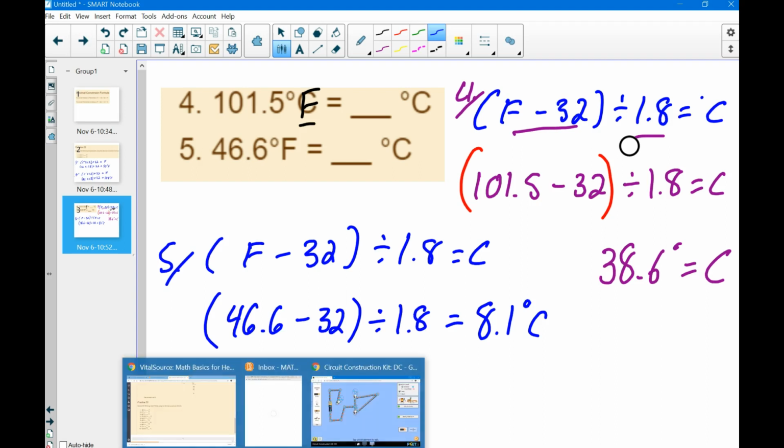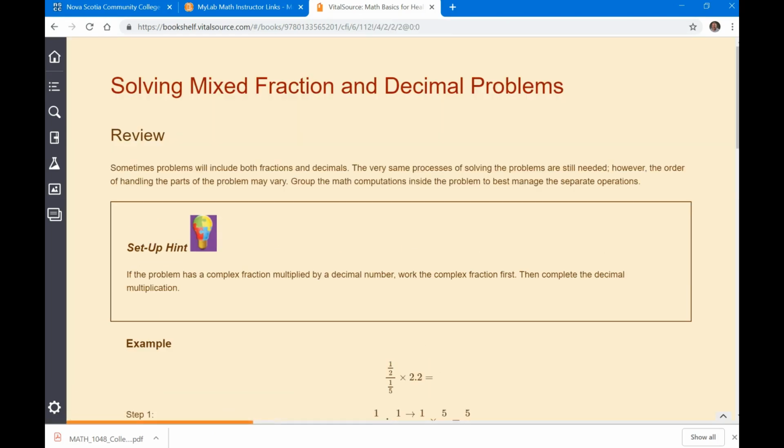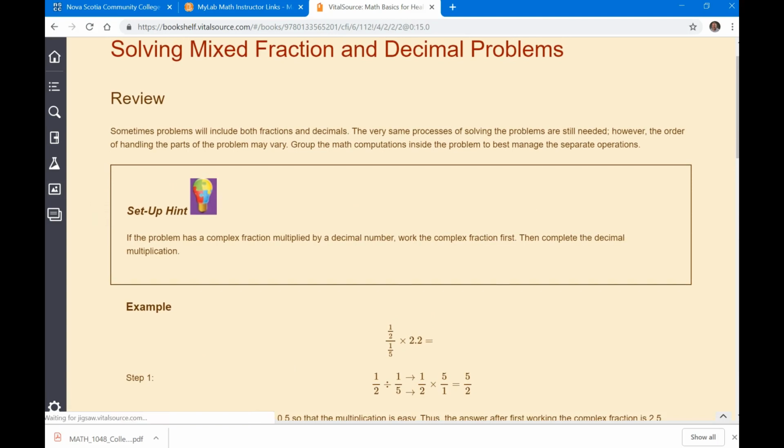Okay, so I guess we'll move along to the last section of this chapter. Solving mixed fraction and decimal problems. Does it get any worse than this? I don't think so.